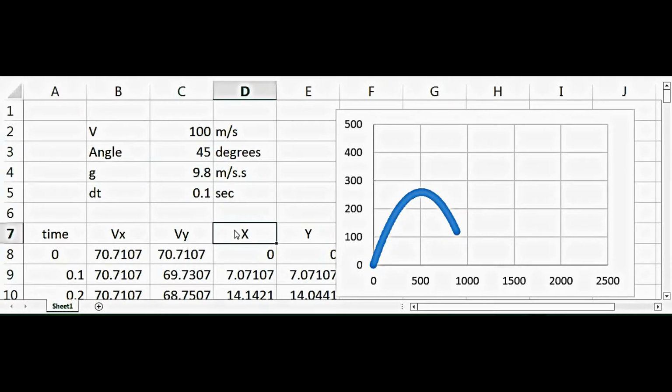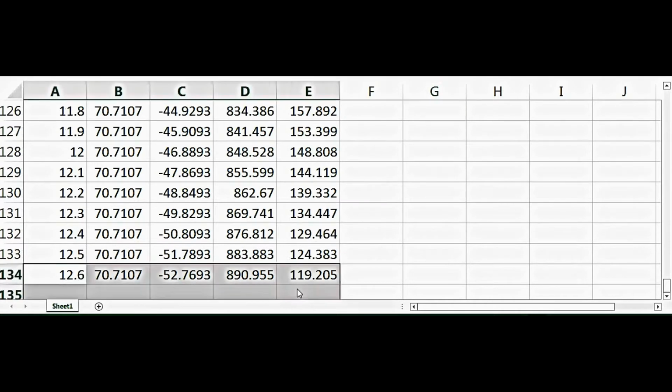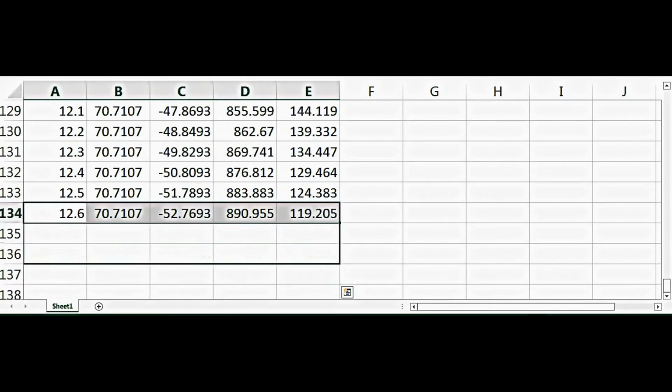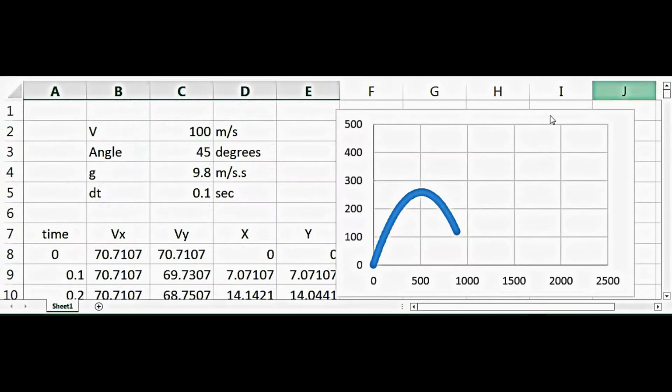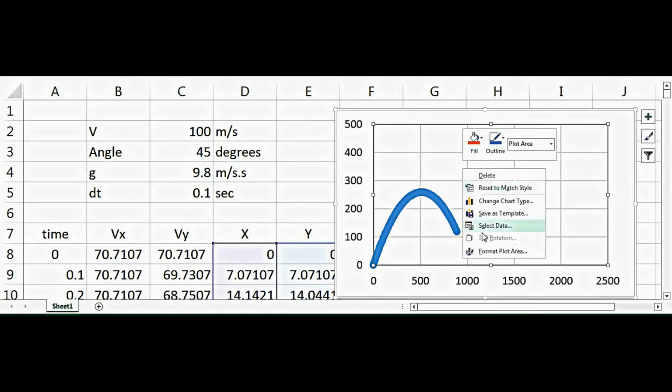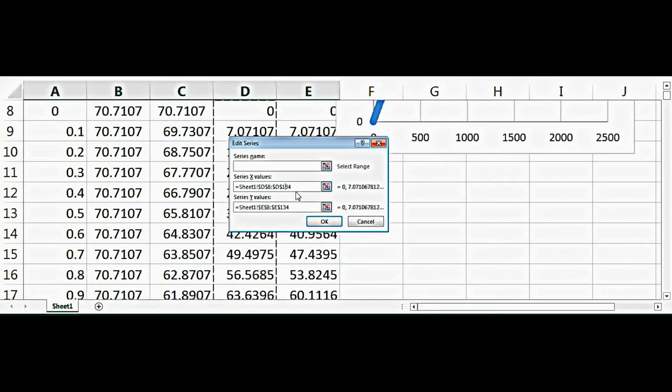Here I will increase the range to, suppose, 1000 points. Select data, edit, and say 6 and 6.